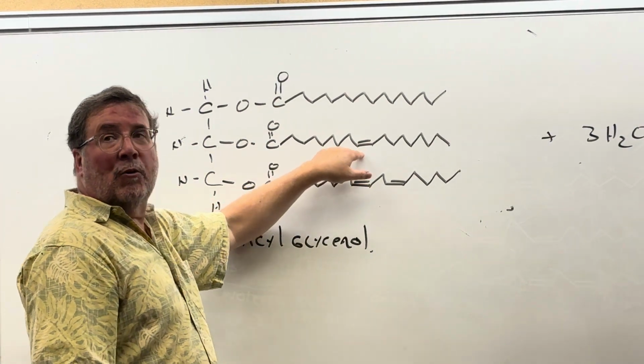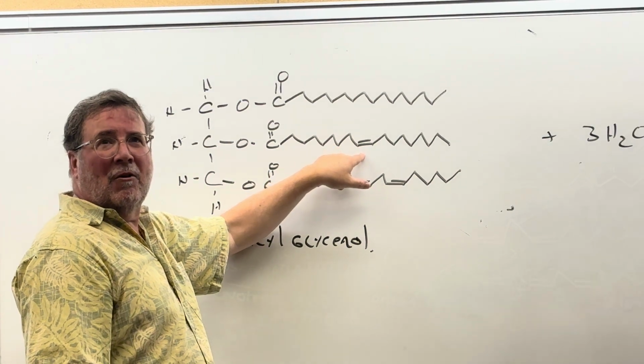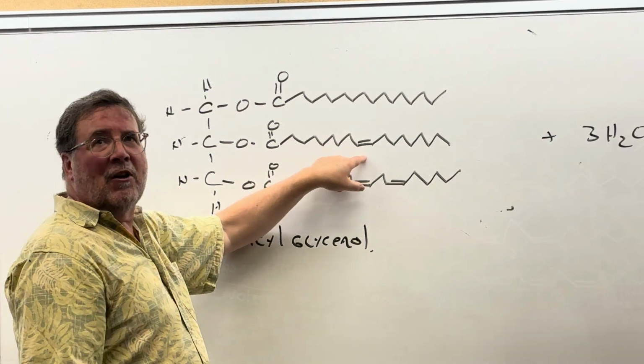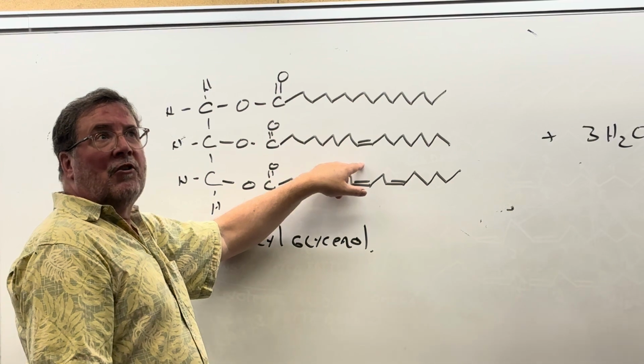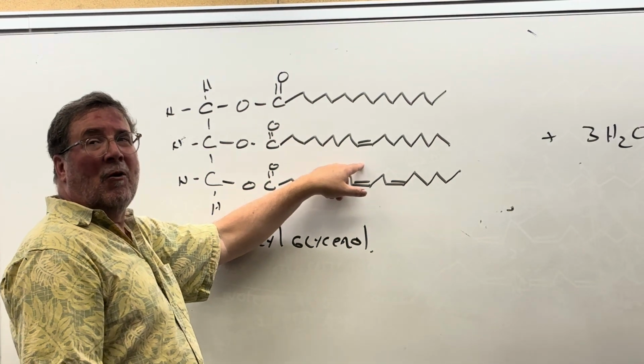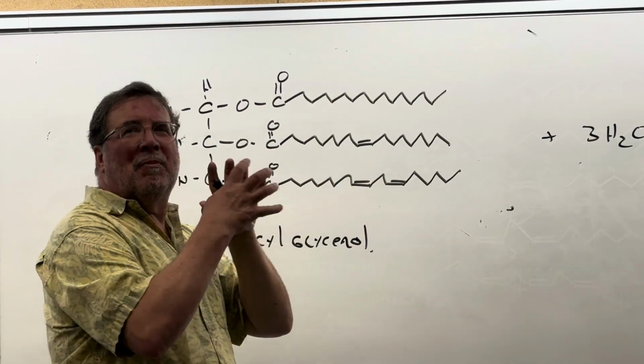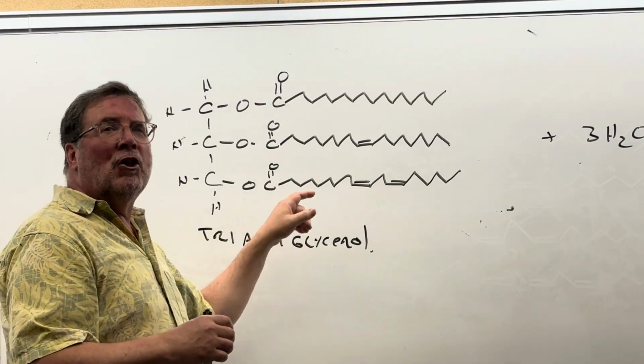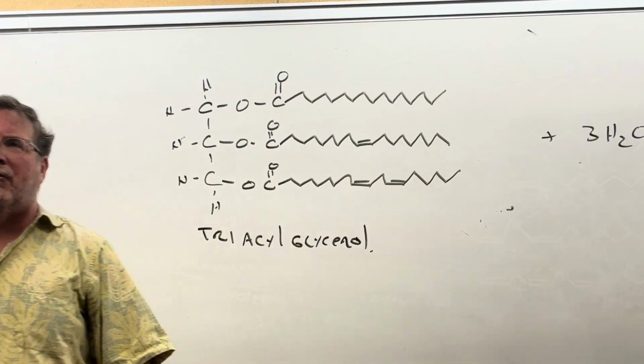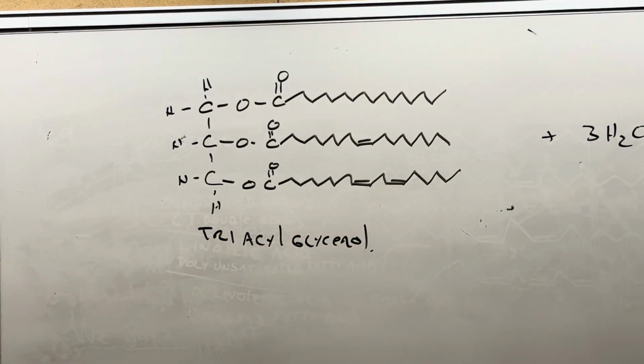And that's essentially what Crisco was. You remember Crisco? They still sell Crisco, but old-fashioned Crisco was hydrogenated soybean oil. Now you didn't want to fully hydrogenate it because then it would be too solid. So you only partially hydrogenated it. It was partially hydrogenated soybean oil, partially hydrogenated vegetable oil.